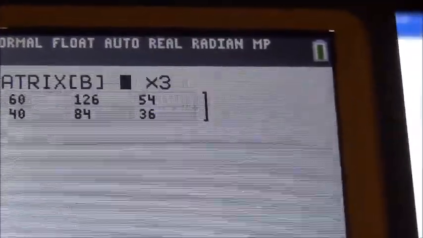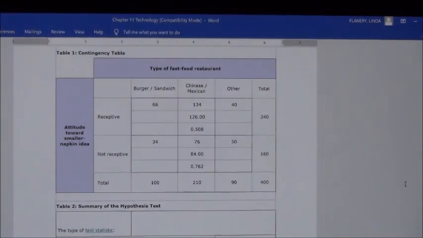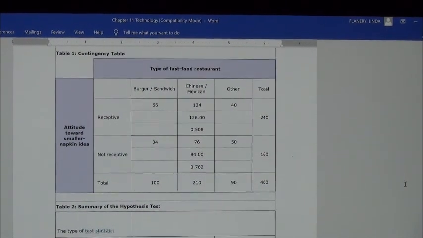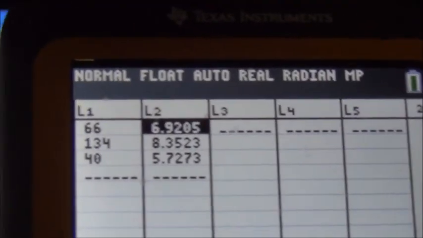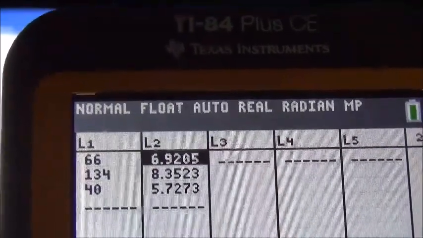So once you have those expected frequencies written down, now you can go ahead and go to your list and fill out the value for your goodness of fit: the observed minus the expected squared divided by the expected. So I am going to go to stat again, number 1 to get to my list. I already put in the first list for the receptive, and so now I've got to put in my expected values that we just brought up from that table.